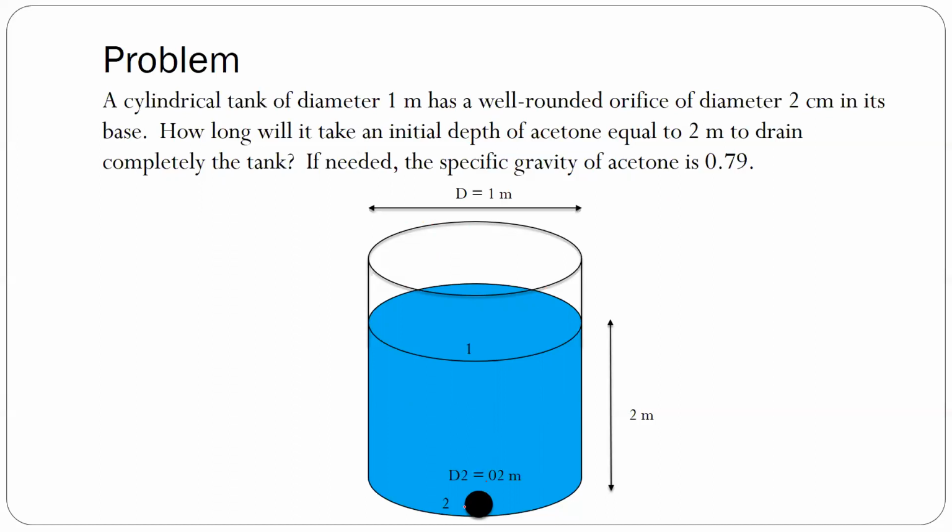So butas din yan, and we will assume that it's also open to atmospheric pressure, okay? So therefore, the difference between the pressures at these 2 points here will be 0, okay? And since the pressure term includes the density as the denominator, okay, hindi na natin gagamitin yung density or specific gravity ni acetone.